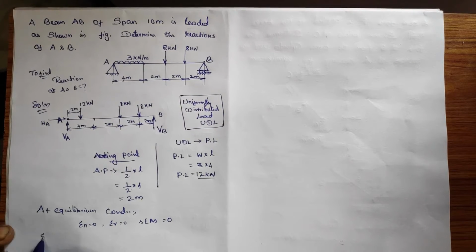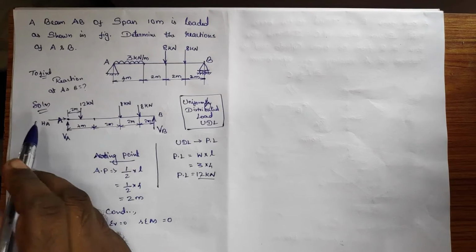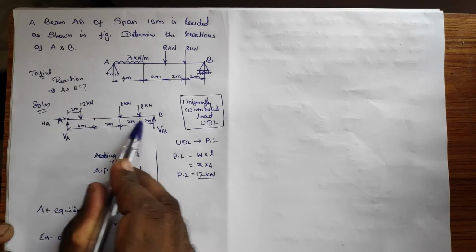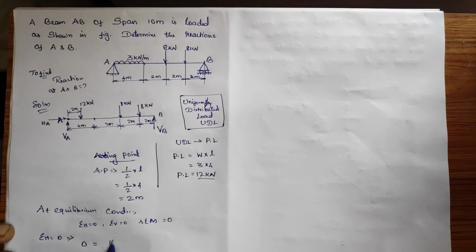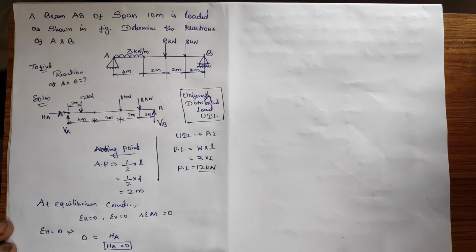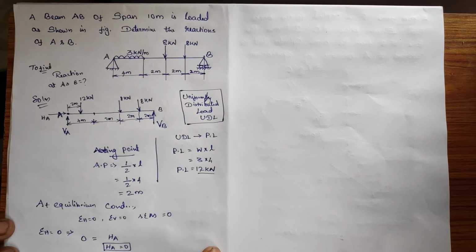First start with the sum of horizontal forces equal to 0. What are the horizontal forces? Here only one horizontal force is there, HA. So HA is equal to 0. We just found the answer. Okay, so this is the answer we get, right?